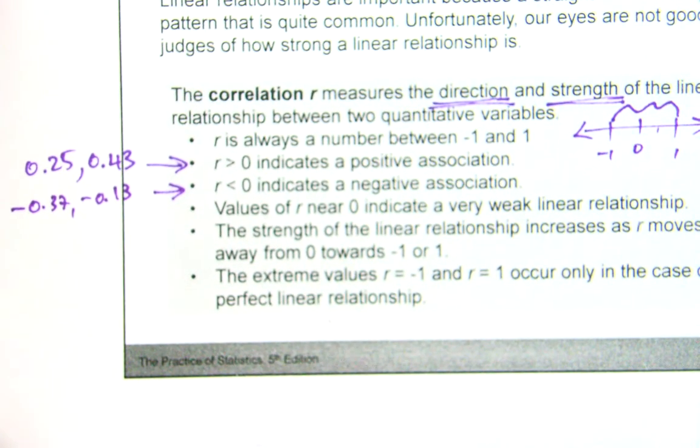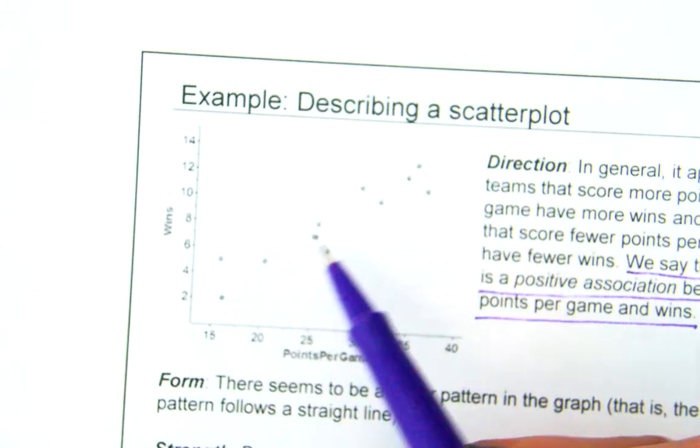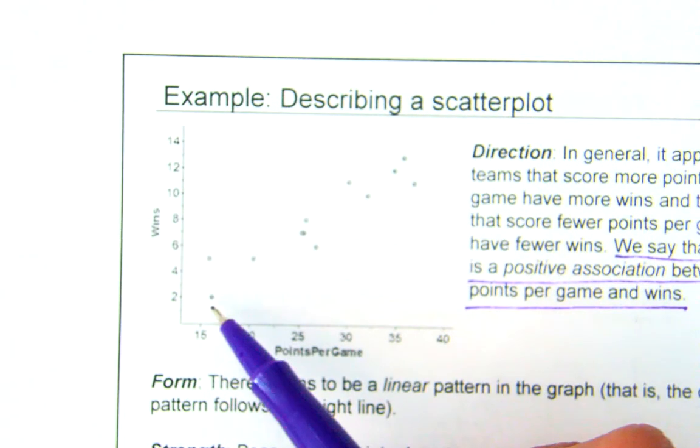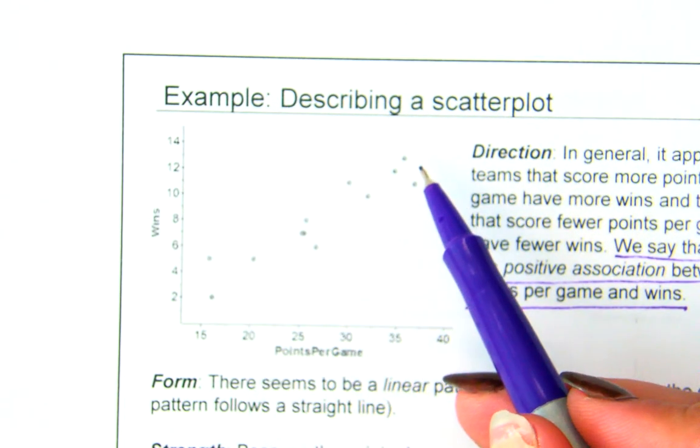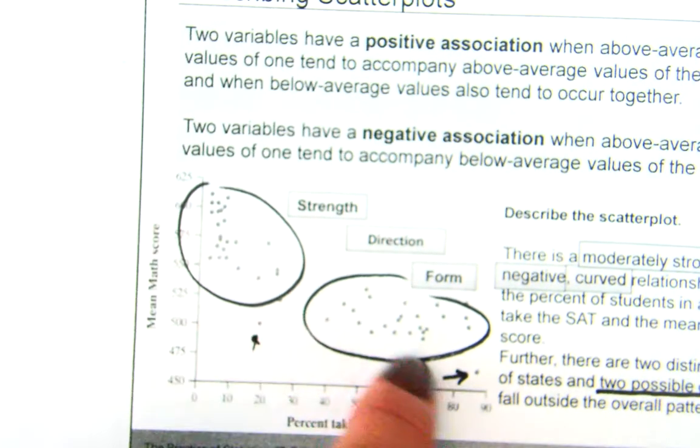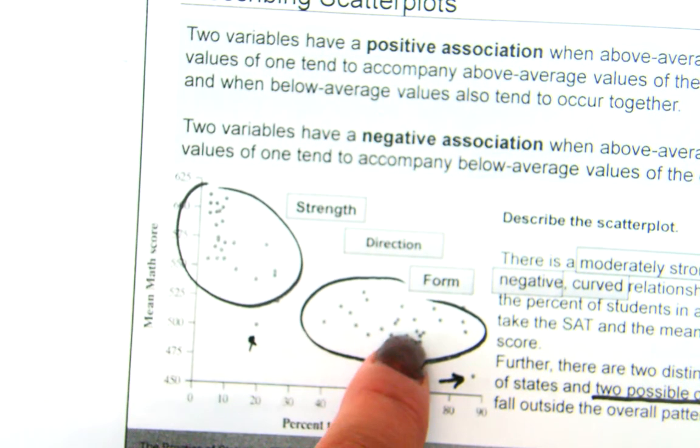All right, so that means your data is going to go in the positive direction if your R value, your correlation, is between 0 and 1, and it's going to be negatively associated, so something like this, if your R value is between -1 and 0.